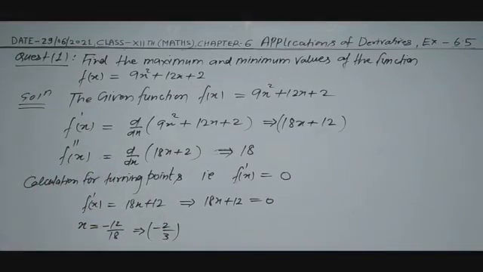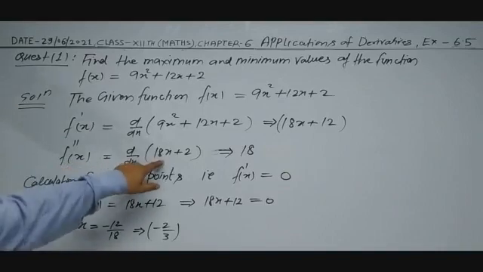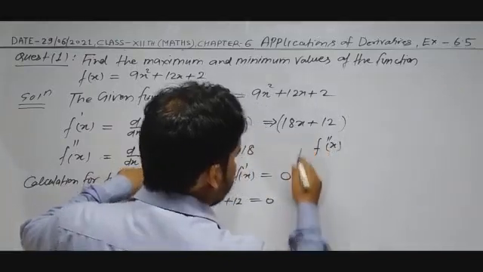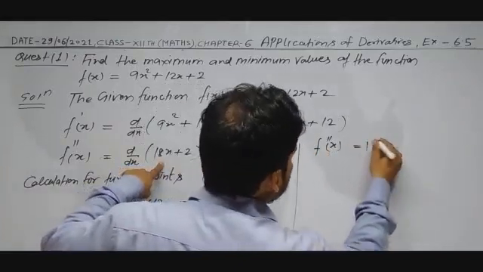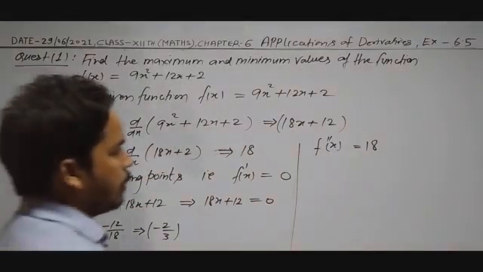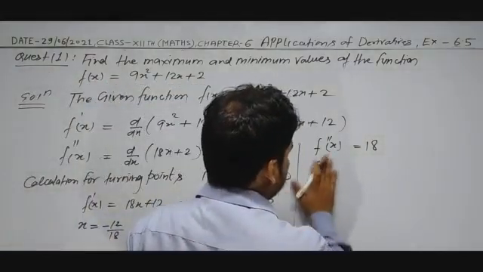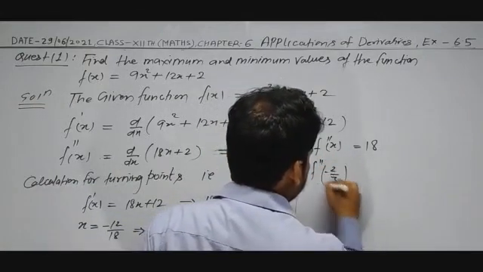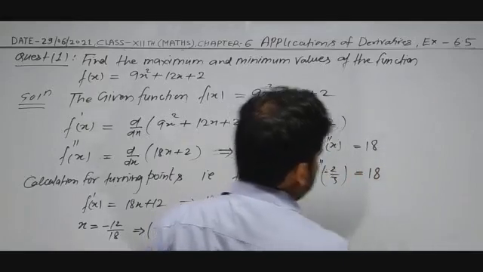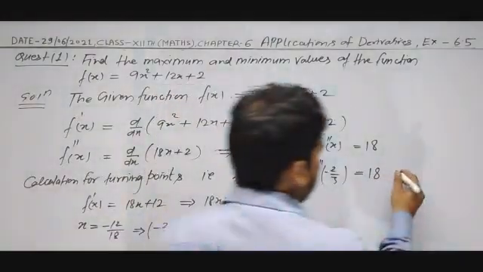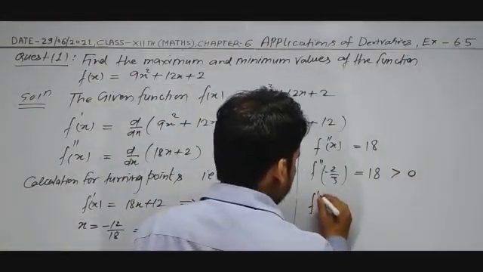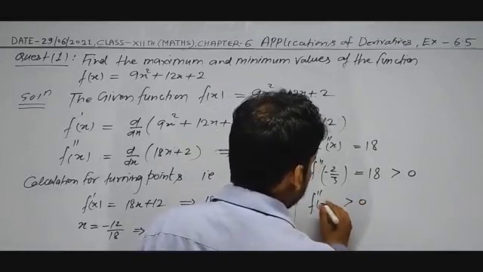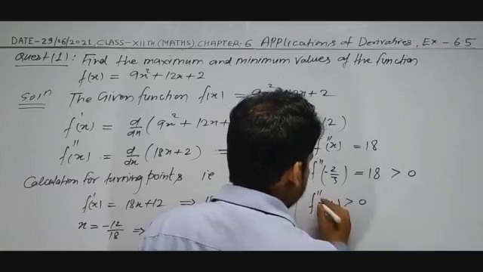Now when you see, f''(x) result is 18, and f''(-2/3) you will get the same result, 18. Now this result is greater than 0, so f''(x) is greater than 0, or f''(-2/3) is greater than 0.